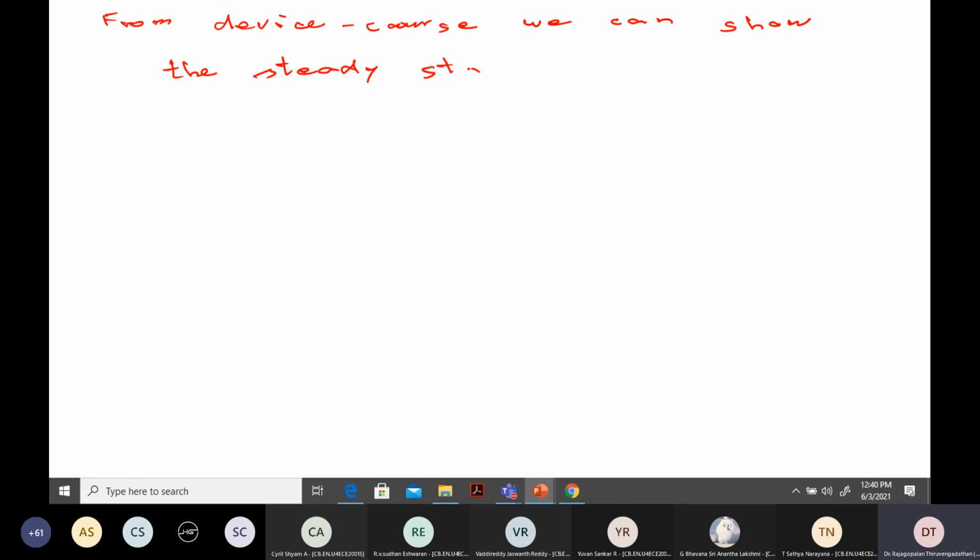From the solid state device course, we can show the steady state concentration of holes at the edge of the depletion region.